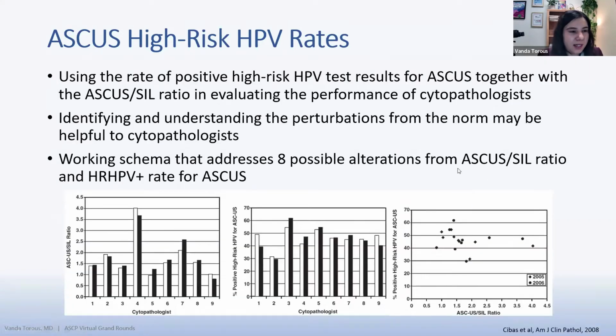So Brigham and Women's Hospital, again, had a study looking into using both of these, and you can see that they were able to map both their ASC-SIL ratio as well as their high-risk HPV for ASCUS rates.